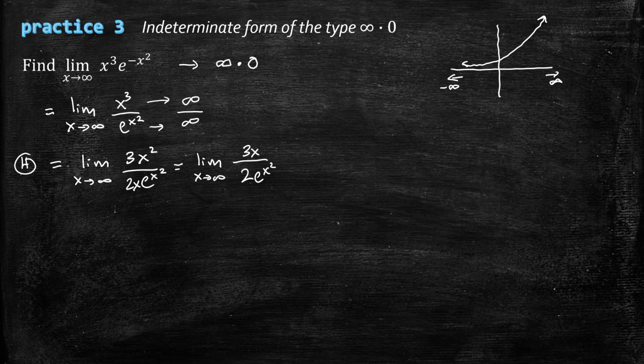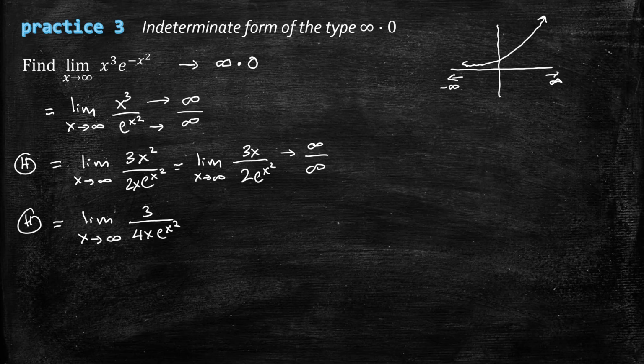And once again, if we put in infinity, 3 times infinity is huge. e to the infinity will also be infinity, and we can use L'Hopital's rule again. So the derivative of 3x is 3. The derivative of 2e to the x squared, so we're going to get 4x e to the x squared now.